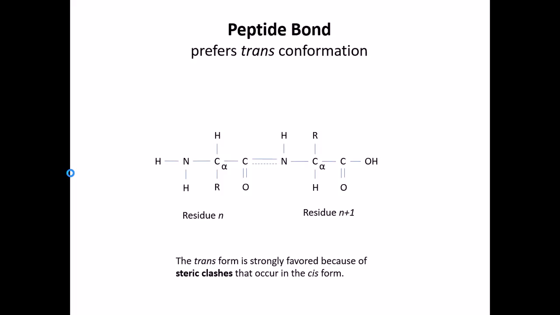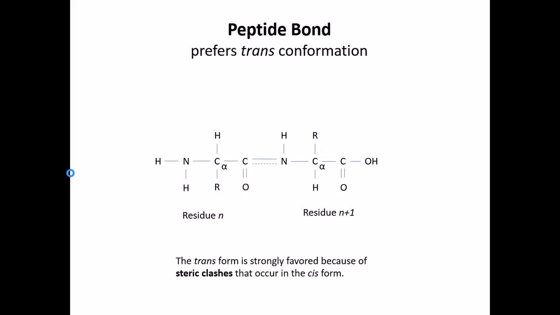In trans conformation, you see the groups that are on either side of the bond formation be in the opposite direction. This is as favorable as the earlier depiction, as you have seen in the previous slide, where the oxygen and hydrogen and also the R group of the N+1 residue were all on the same side as the nth residue.